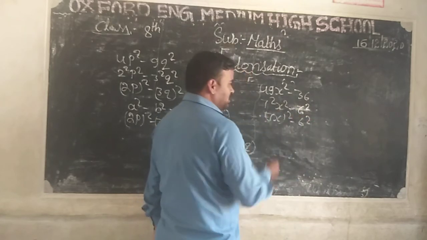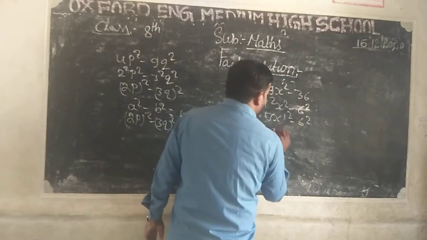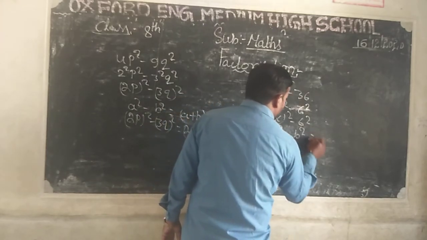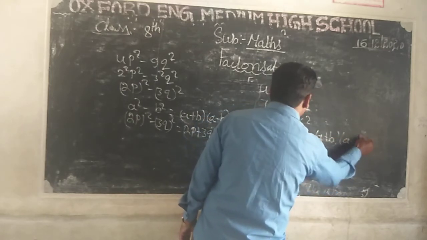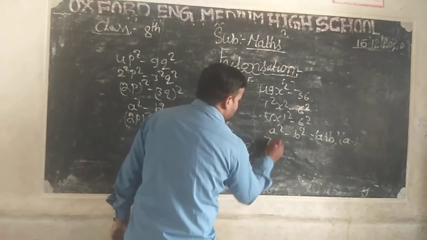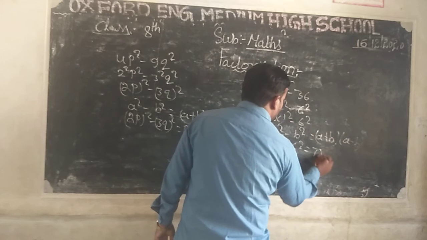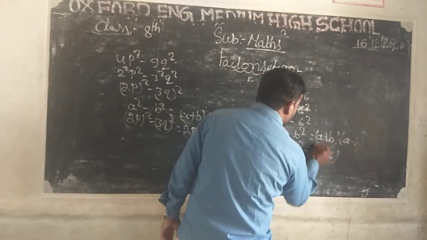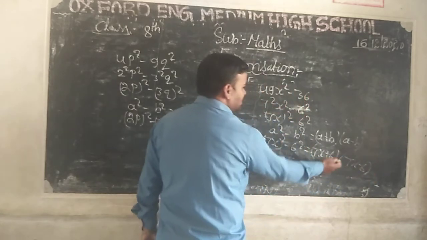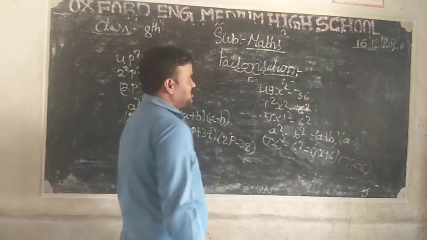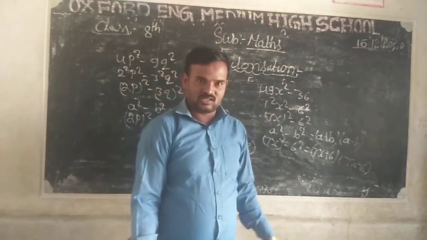This is in the form of the identity a square minus b square, which is equal to a plus b into a minus b. So 7x whole square minus 6 square is equal to 7x plus 6 into 7x minus 6. So 7x plus 6 and 7x minus 6 are the two factors of 49x square minus 36.